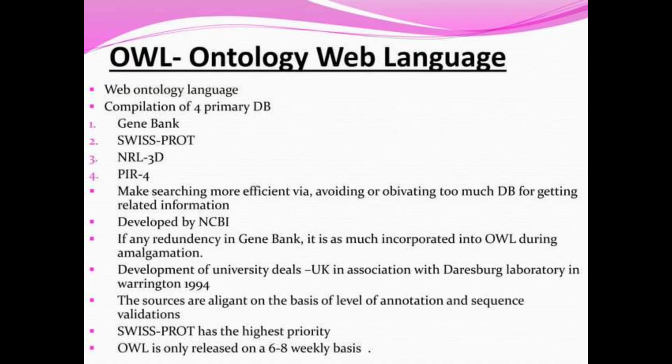If there is any redundancy in GenBank, it is incorporated into OWL during the process. SwissProt has the highest priority. OWL is only released on a 6 to 8 week basis. It was developed in the UK in association with Daresbury Laboratory in 1994.